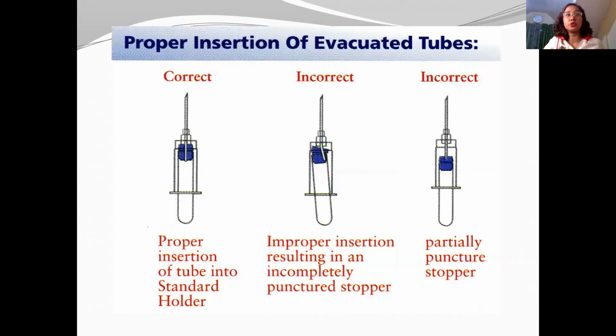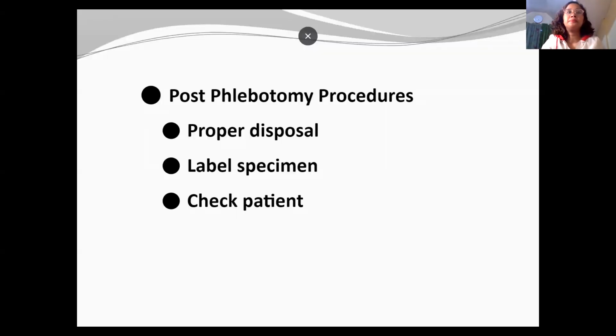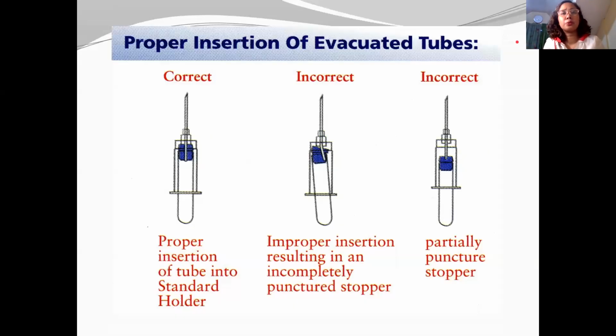And post-phlebotomy procedure: proper disposal. You should be neat. Label and check your patient. Assess if they are okay by looking at their eyes. Please ensure that your evacuated tubes are properly placed.